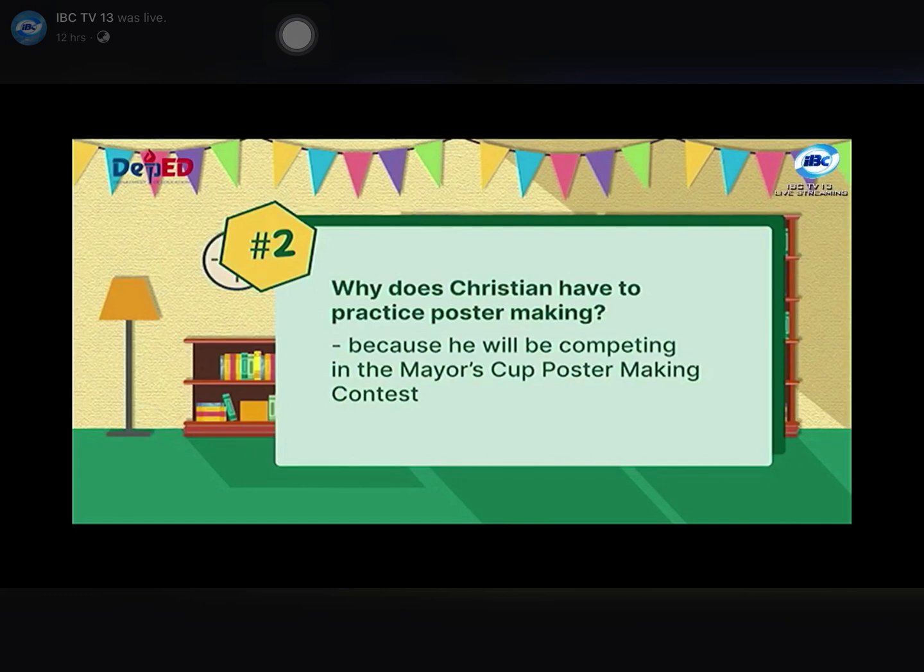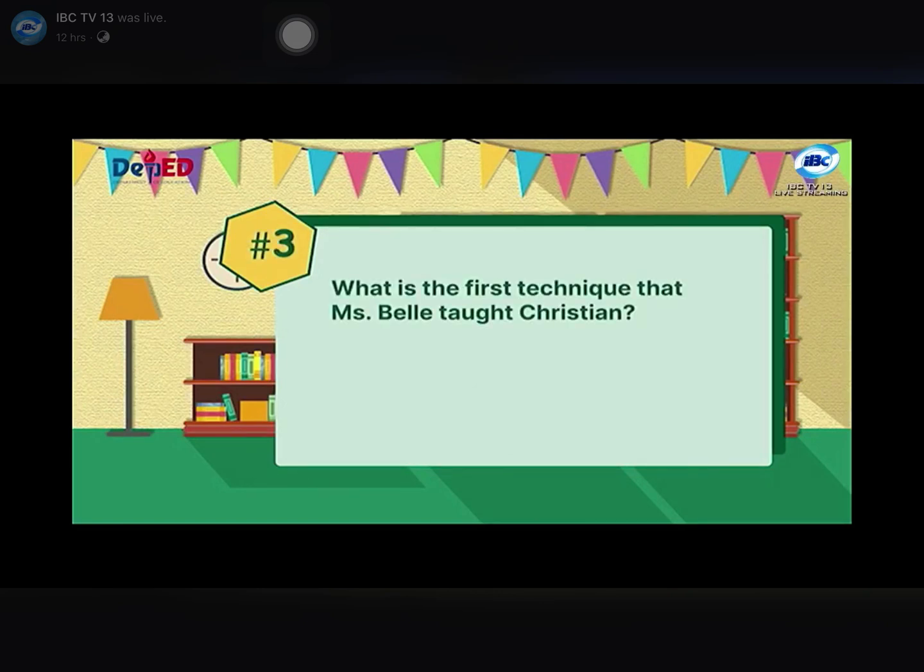Christian has to practice poster making because he will be competing in the Mayor's Cup poster making contest. And for number 3, what is the first technique that Miss Bell taught Christian? Was your answer the use of basic symbols that can be used in a poster? Then you got it! So, how was it? Pretty easy, huh?